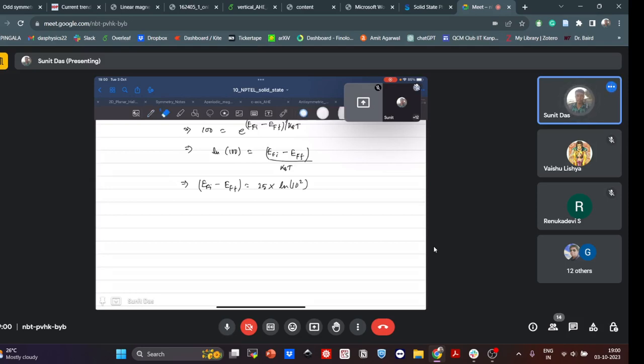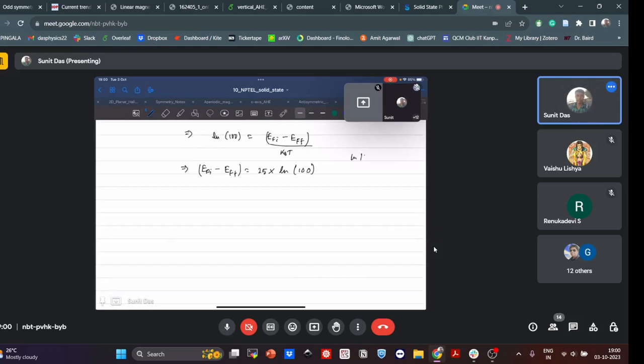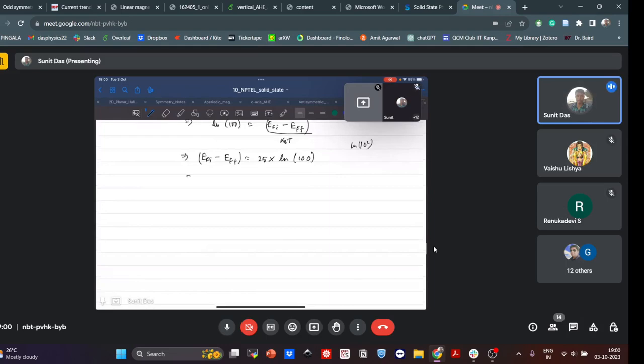This is in log base e, so there is no advantage in writing ln 100 as ln 10 to the power 2, and the final answer comes out to be EF initial minus EF final equal to 115 MeV. So this is the answer.